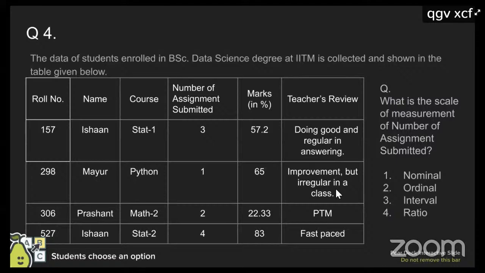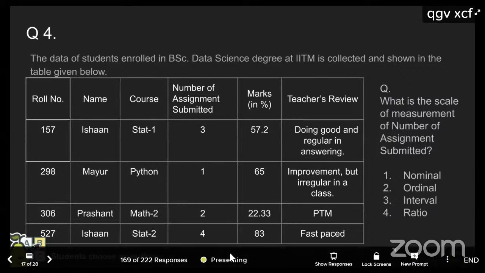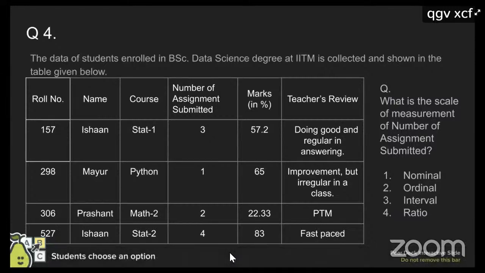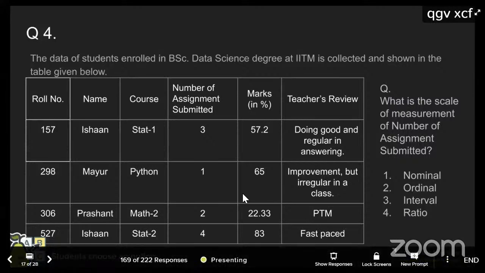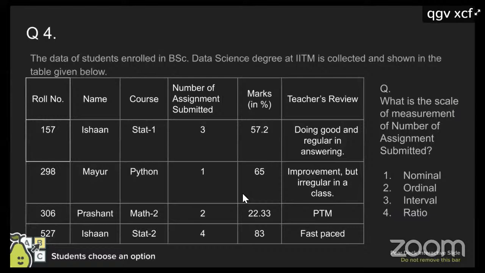See, this is numerical data. You can do the addition of the data, you can do the subtraction. Whenever such a question is asked in the exam, first check the 4 scales of measurement. First check whether it is categorical data or numerical data.